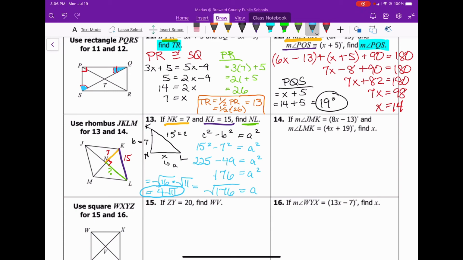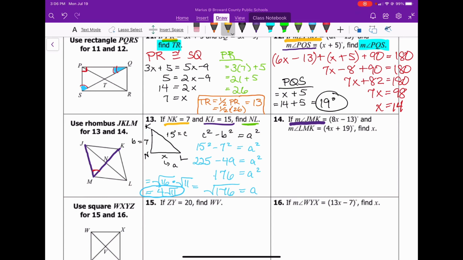All right. So let me erase some of our markings on this diagram. Let's go ahead and take a look at number 14. So for number 14, they tell us angle JMK. So we're talking about this angle here.